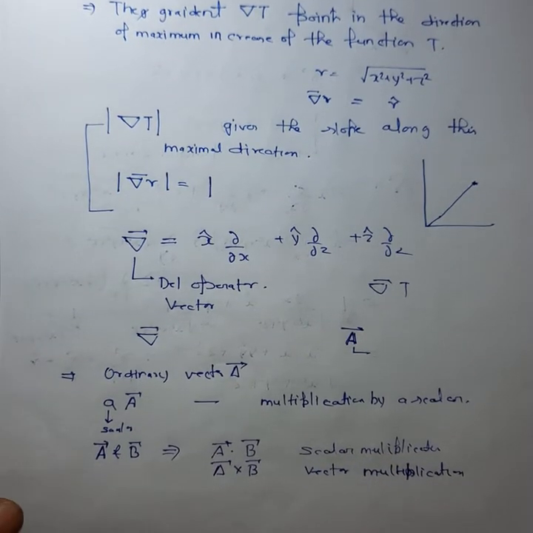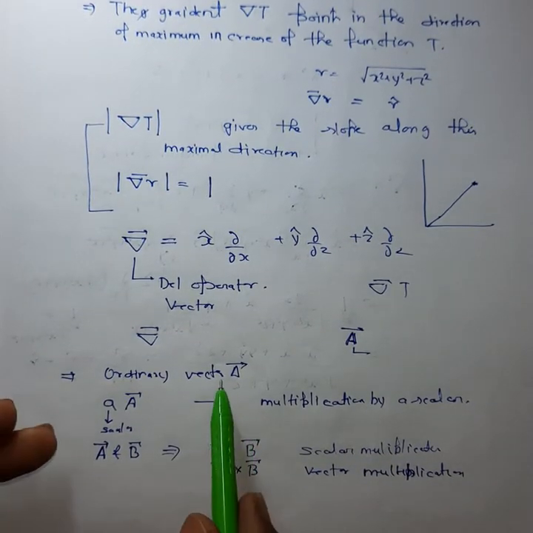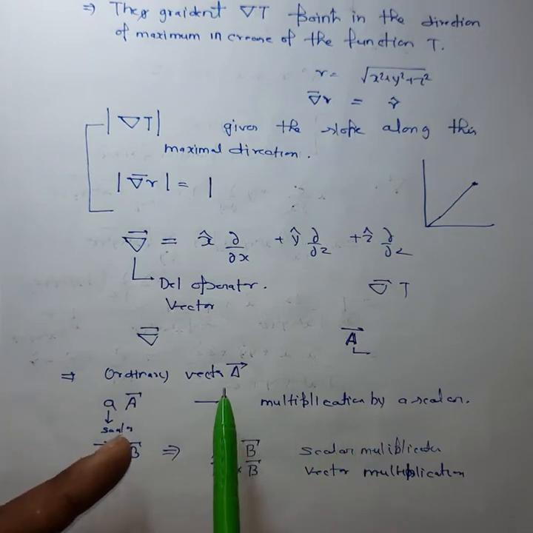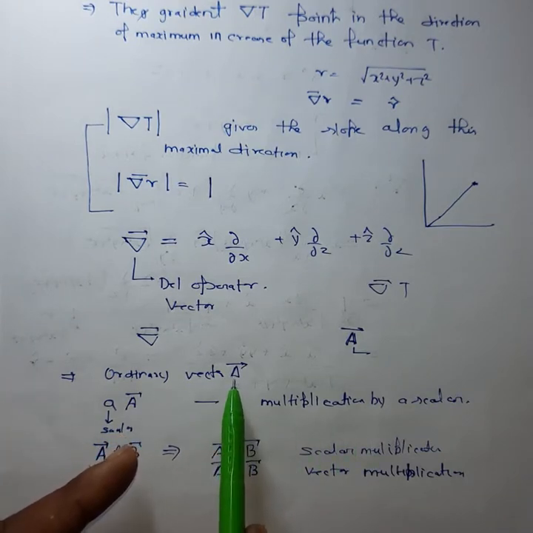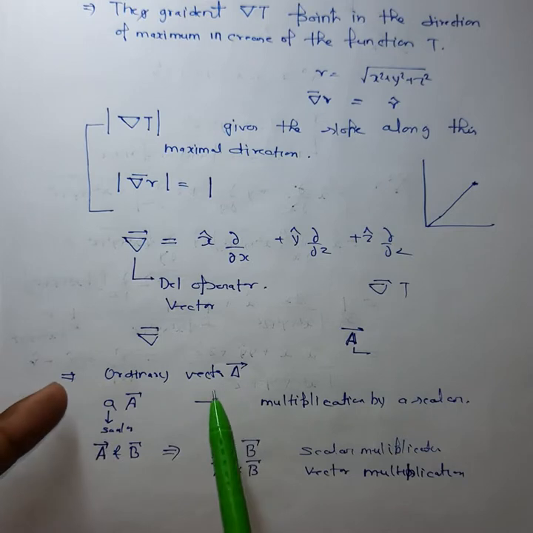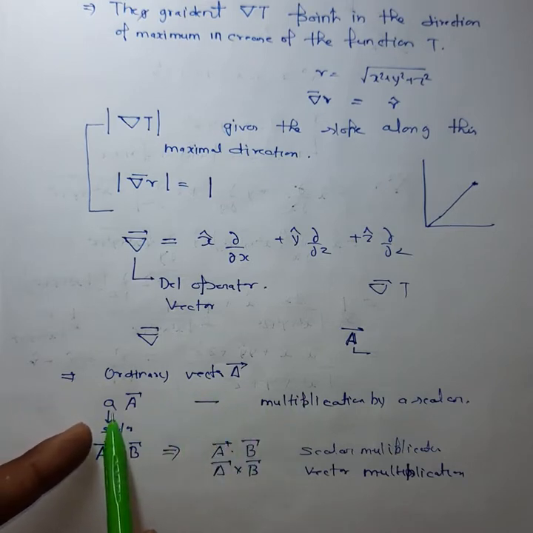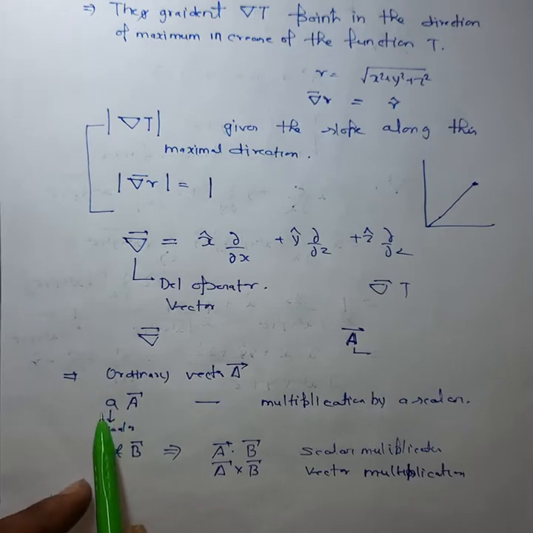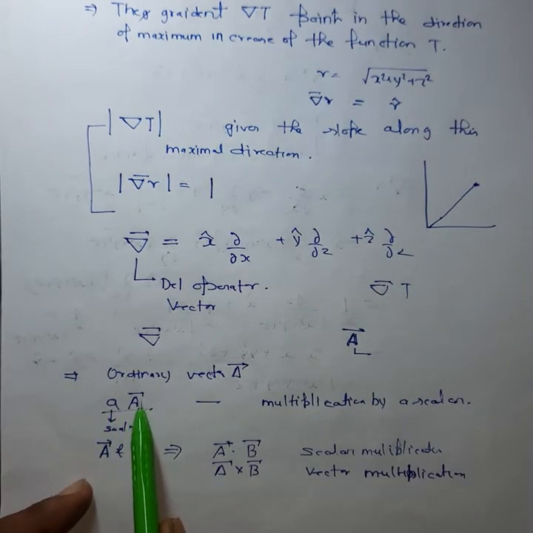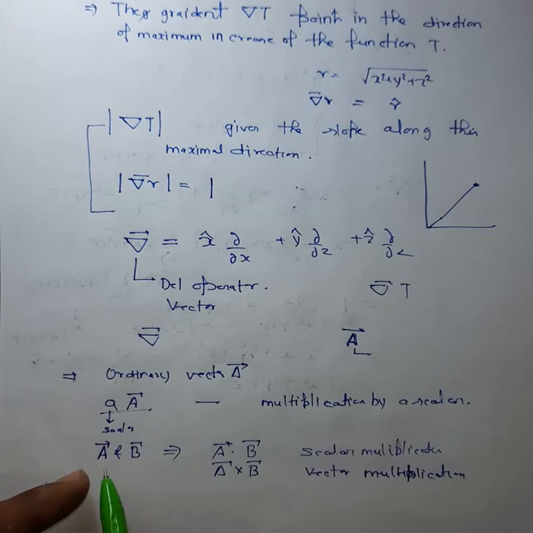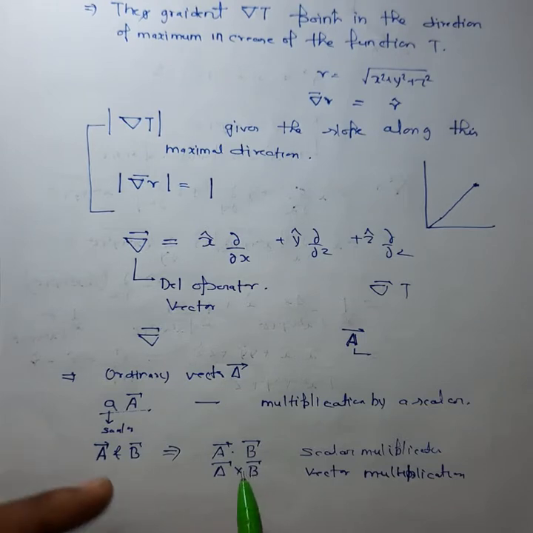So what I want to say is that if you have an ordinary vector, you can multiply it with a scalar and with a vector. If you multiply a with a scalar, it will be only of this type. But if you have two ordinary vectors a and b, you can multiply these two vectors in two different ways.